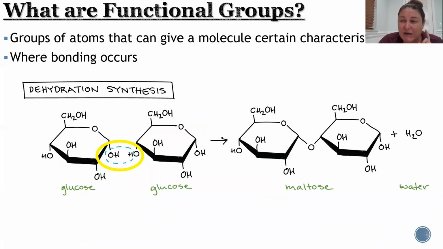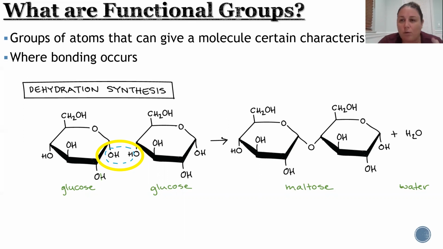Now, one of the other chemistry-based things that you need to know before we start learning about carbohydrates and lipids and proteins and nucleic acids is something called functional groups. Functional groups are a group of atoms that give a molecule certain characteristics. So maybe that's being acidic or basic or being attracted to water or being repelled from water.